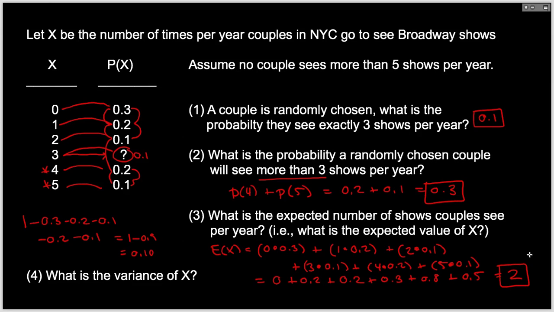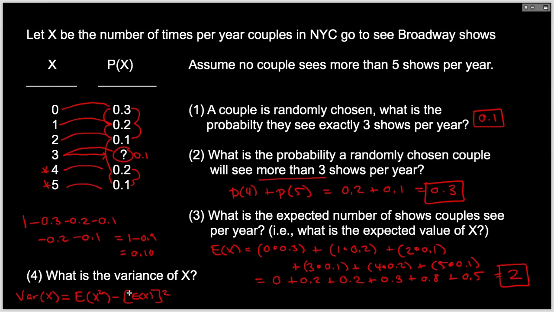So now, what is this thing, the variance of x? Well, the variance of x in a general random variable problem that's not a nice binomial one, where we can just do np times 1 minus p, is not as easy as that. You have to use this formula: the expected value of x squared, with x inside the expected value, minus the bracket expected value of x, which we already got, squared.